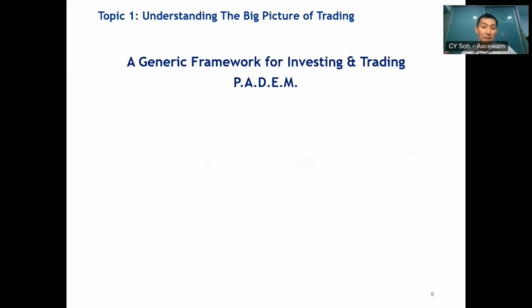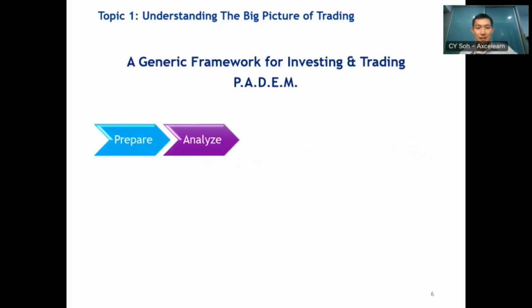Now, there are 5 things you need to do in trading. When it comes to investing and trading, this is what I call the PADEM. In short, it's an abbreviation that stands for PADEM. It's a generic framework, and these 5 things are: you need to prepare something before you trade, you need to gather information first.